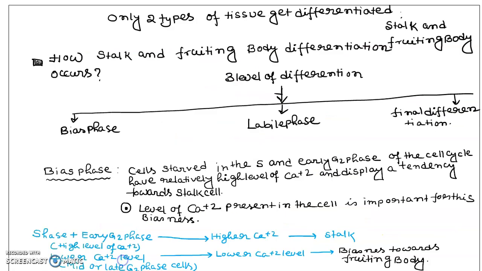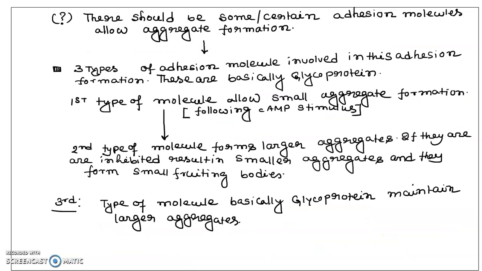Now there should be certain adhesion molecules that allow aggregate formation. Three types of adhesion molecules are involved in this. These are basically glycoproteins. The first type of molecule allows small aggregate formation following the cyclic AMP stimulus.